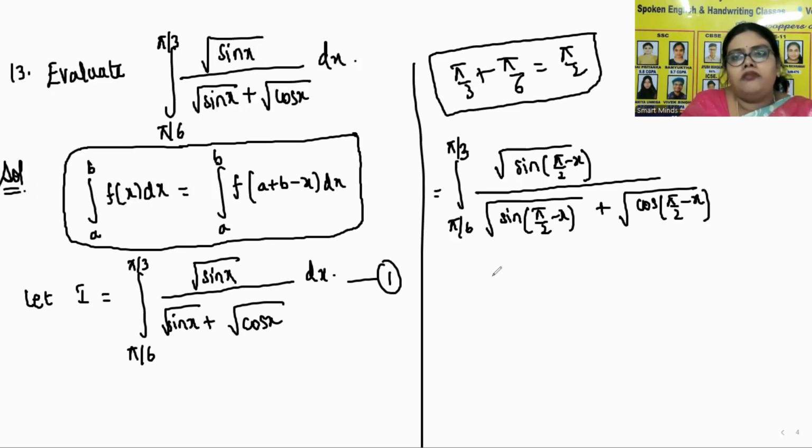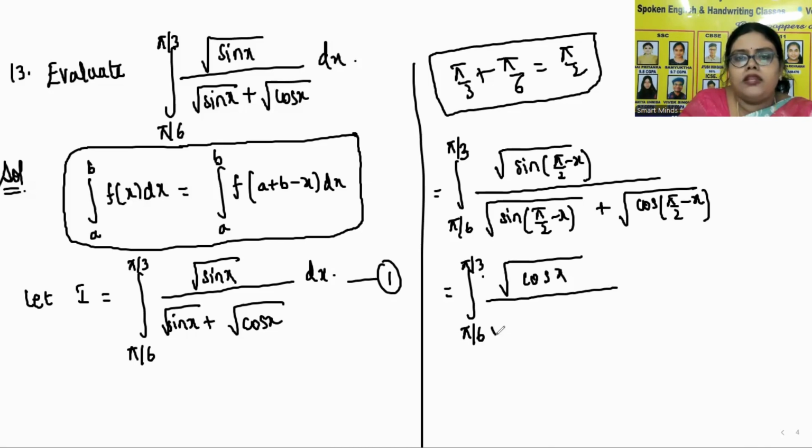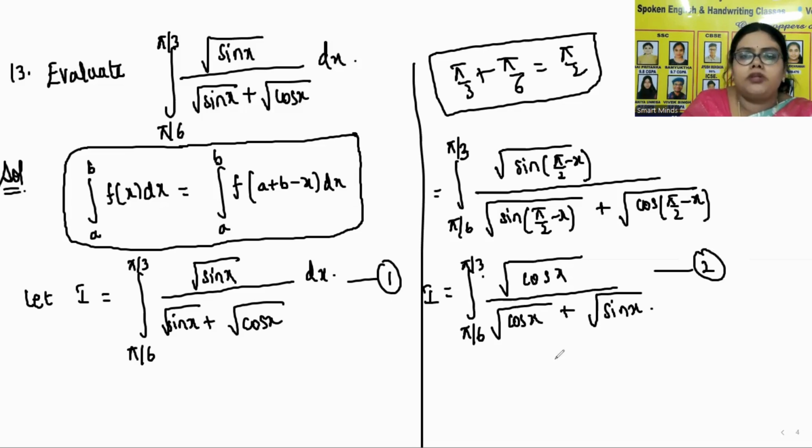Now again we use the same concept. Sine 90 minus theta is cos theta and cos 90 minus theta is sine theta. So that is integral pi by 6 to pi by 3 root over cos x, and in the denominator the first term will become cos x and the second term will become sin x.